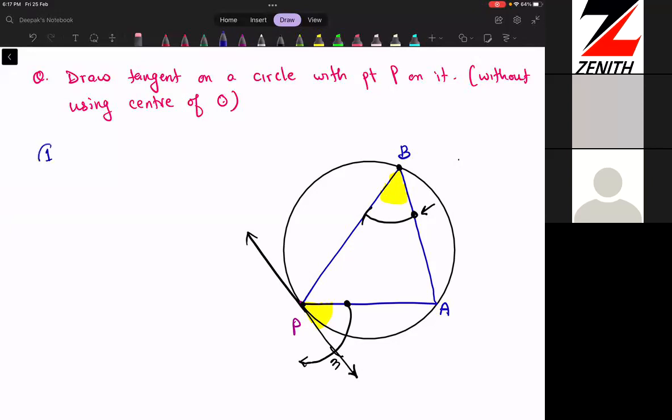So first step will be: from point P, randomly draw chord PA.